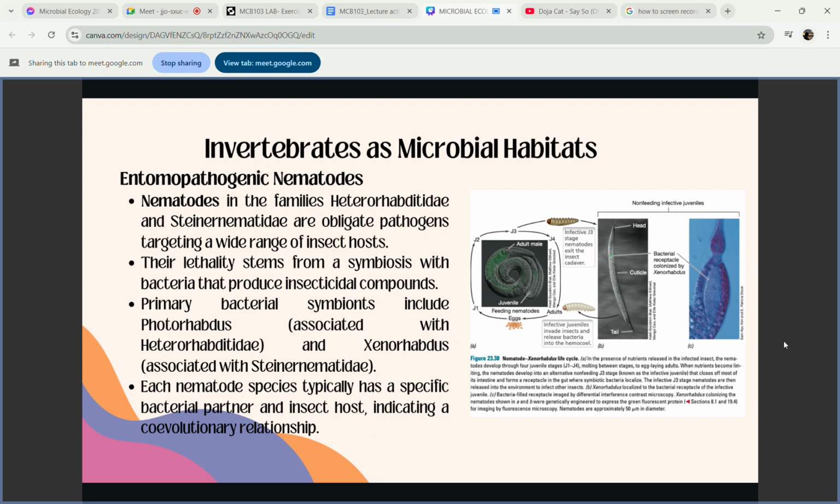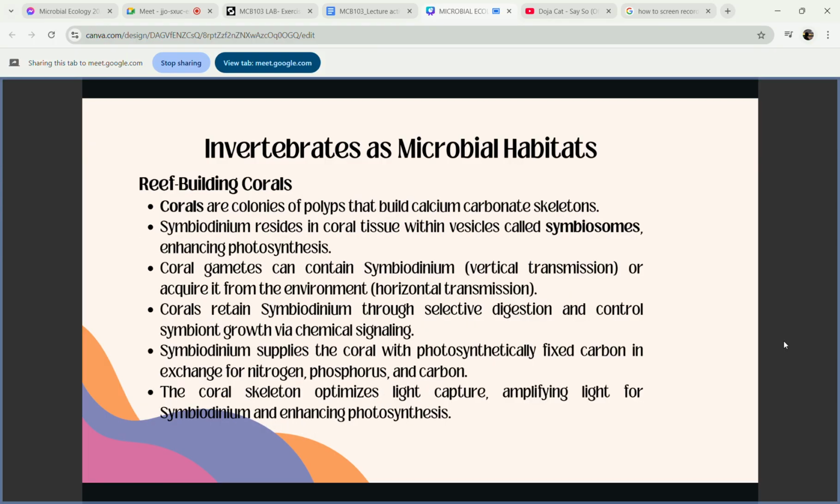So the primary bacterial symbionts include Photorhabdus, which is associated with Heterorhabditidae, and Xenorhabdus, which is associated with Steinernematidae. So unlike insects that make defensive use of the symbiont's products, like the beetle earlier, these nematodes use the compounds produced by their bacterial symbiont to kill the insect prey. So next slide, please.